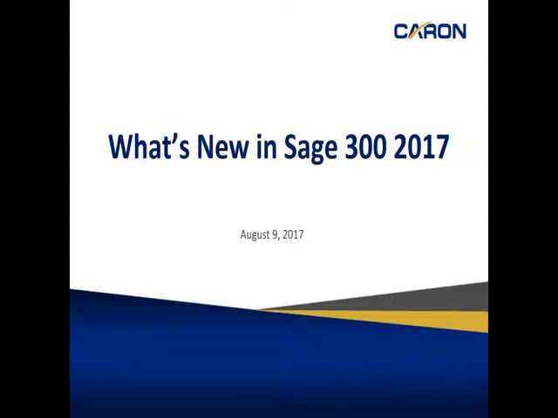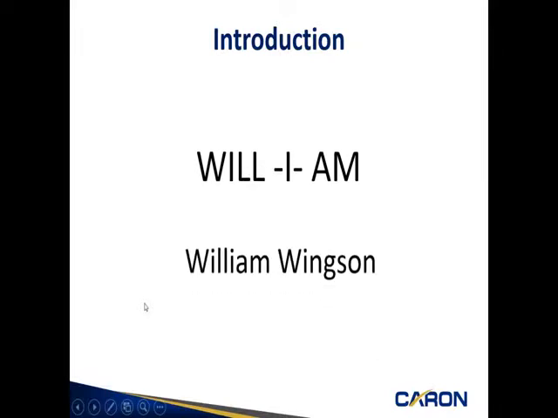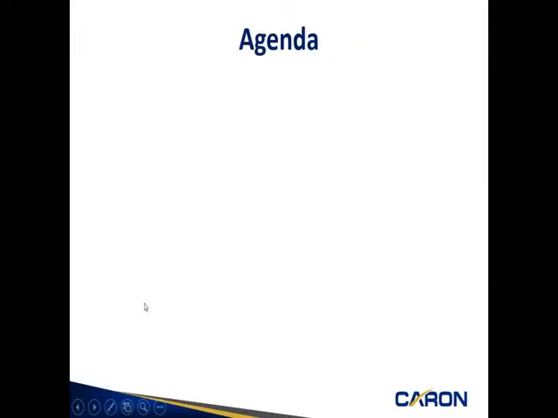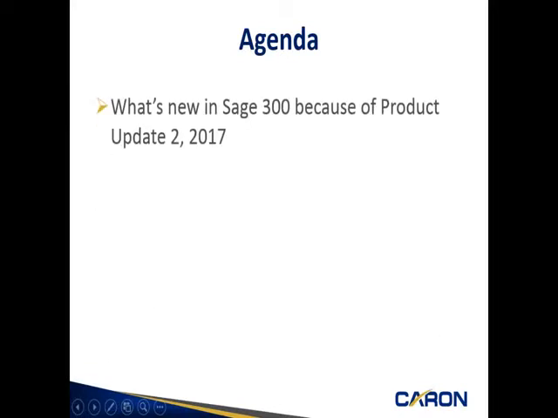Today, what we're going to be doing is what's new in Sage 300 version 2017. For those of you who are familiar with these web sessions, I'm William Wingson, and on the agenda today, we are going to be discussing or showing you what's new in Sage 300 because of the product update to 2017.